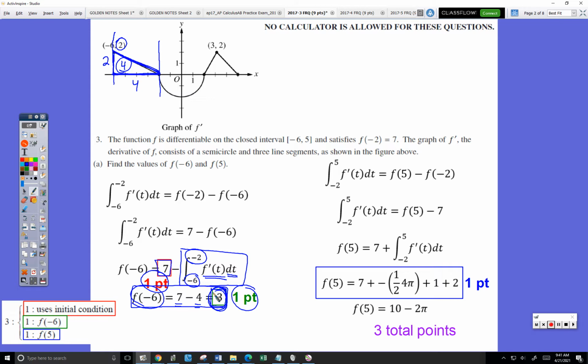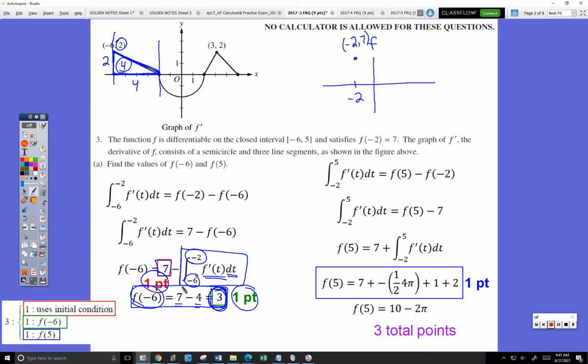Another way to think of this is the graph of f is not known. You do know that when x has a value of negative 2, the y value of f is 7. So negative 2 comma 7. And you know that when you integrate f prime, you discover how much f changes.